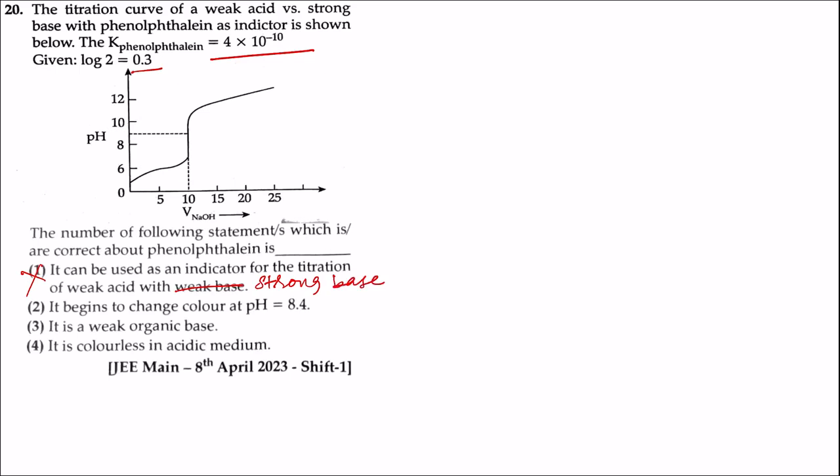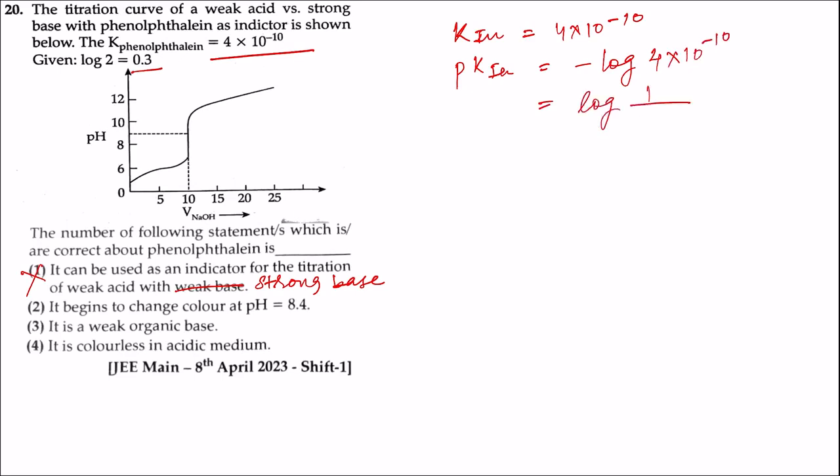Next is, it begins to change color at pH 8.4. Now, constant for indicator is given as 4 into 10 to the power minus 10. So, pK indicator will be equal to minus log of 4 into 10 to the power minus 10, and this can be written as log 1 by 4 into 10 to the power minus 10, or log of 10 to the power 10 divided by 4.